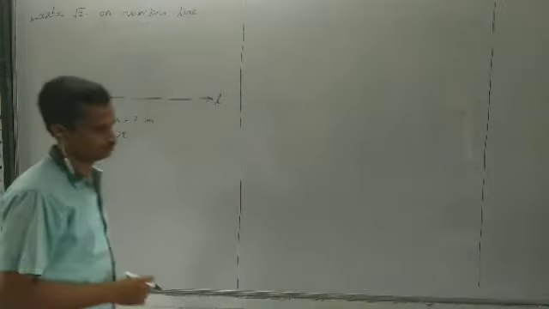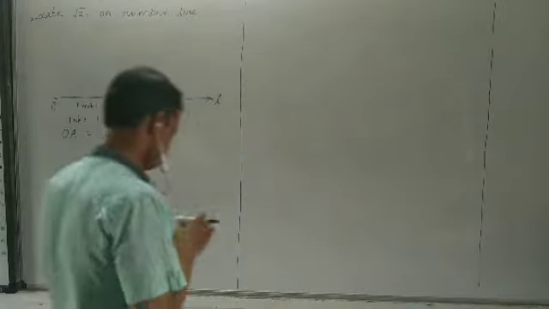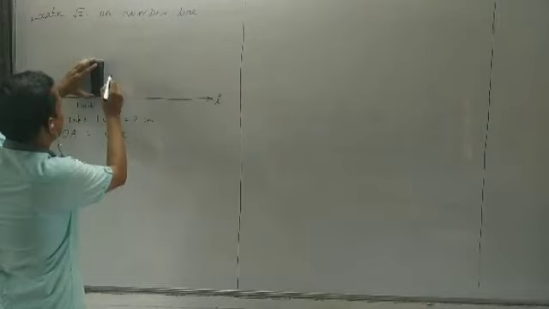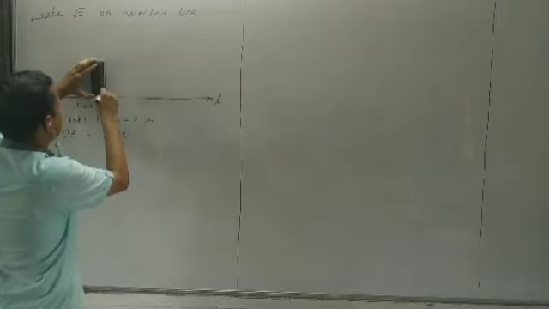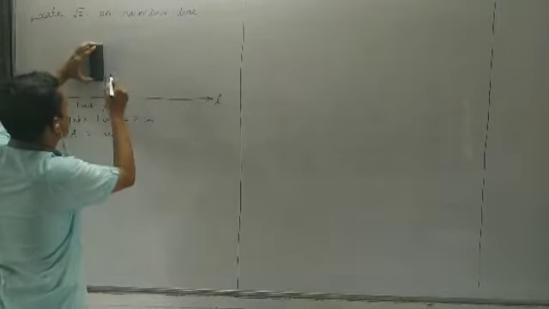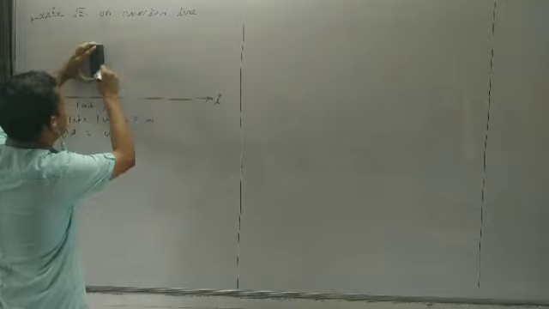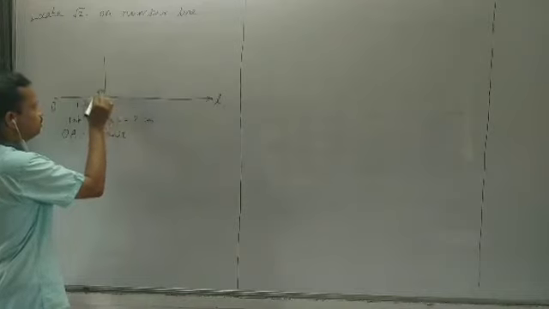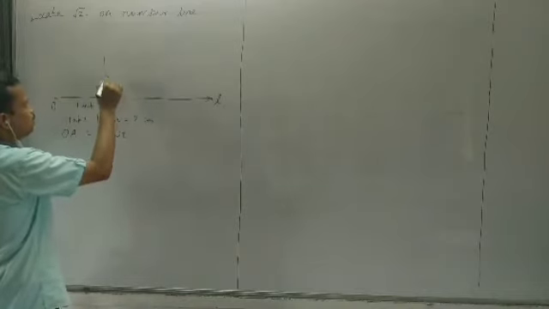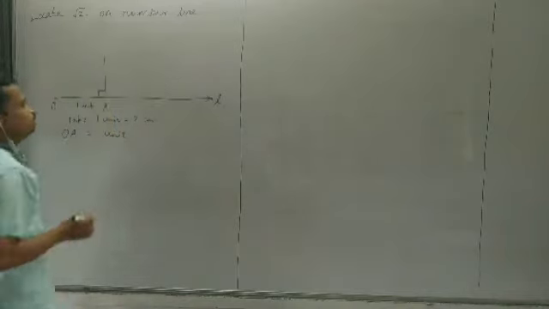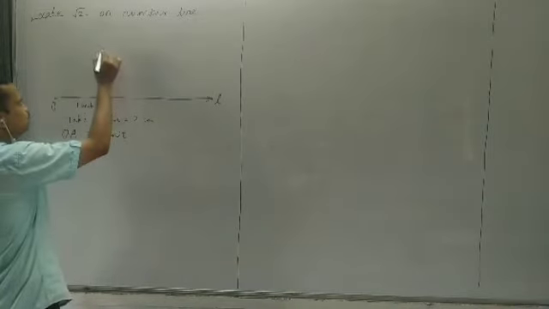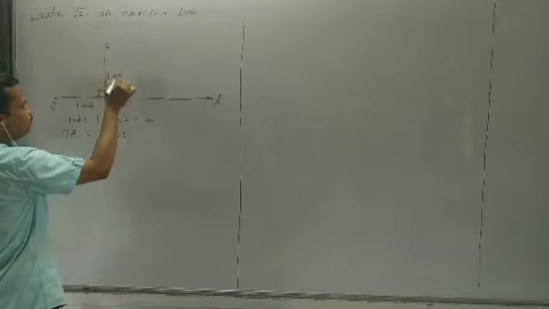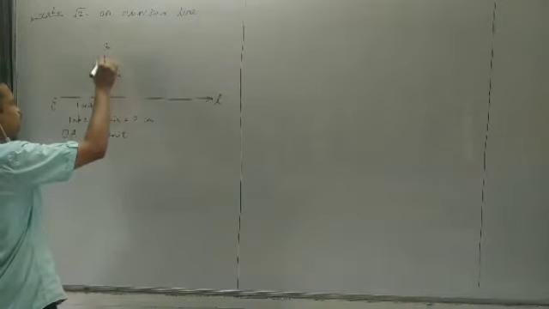And from here, you draw a perpendicular to this line, and mark 1 unit. Take this point as B, 1 unit, and you join OB.